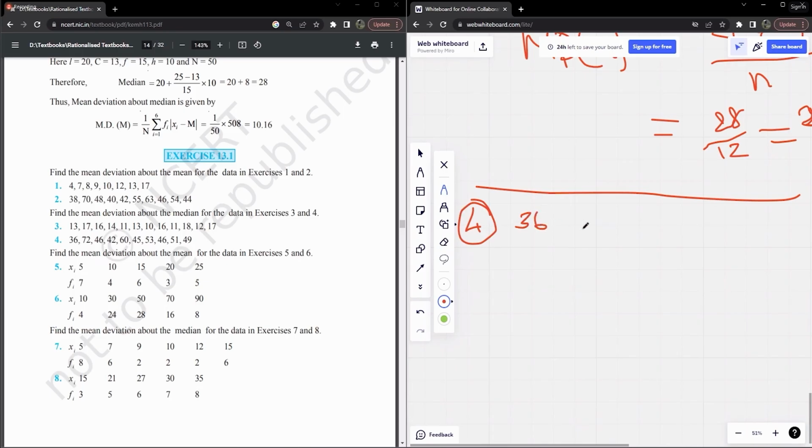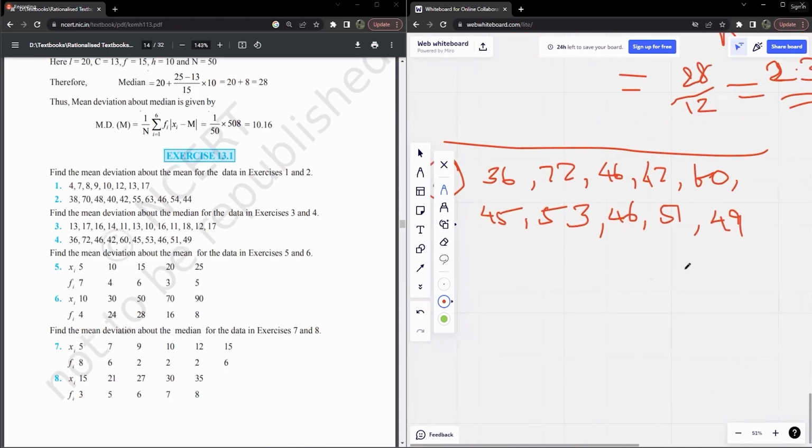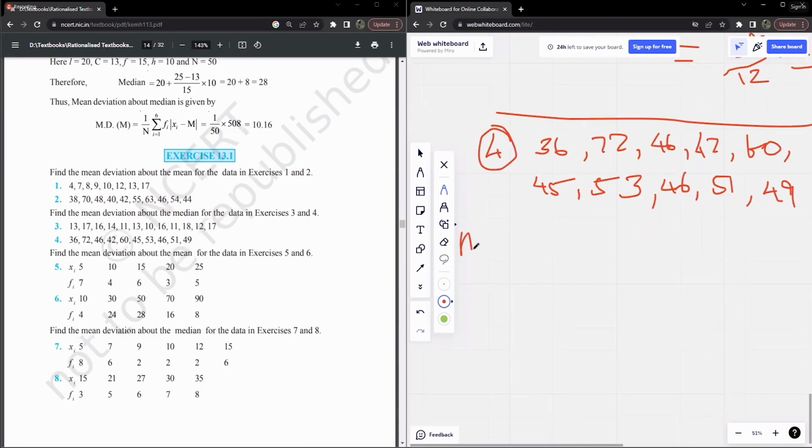The data set is basically 36, 72, 46, 42, then 60, then a 45, a 53, another 46, a 51, and a 49. Good. So first things, arrange in the ascending order.